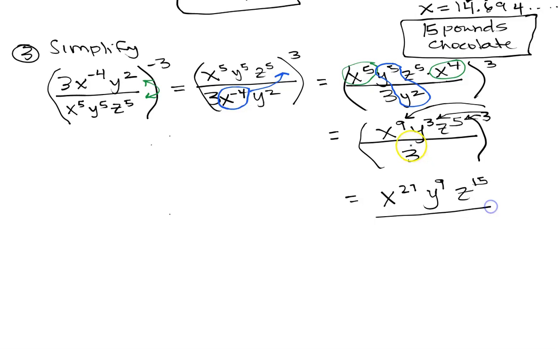And then I still need to make sure I give this guy a power of 3 too. 3 to the 3rd power, 3 times 3 times 3, is going to give us 27. And then that would be your answer.